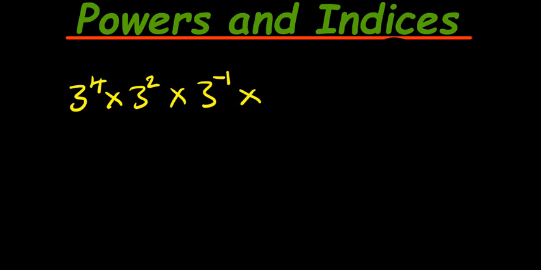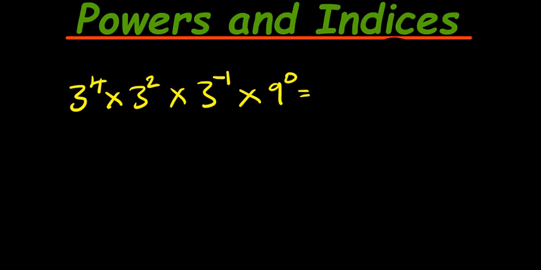Let's say we have 3 to the power 4, multiplied by 3 to the power 2, multiplied by 3 to the power negative 1, multiplied by, let's say, 9 to the power 0.